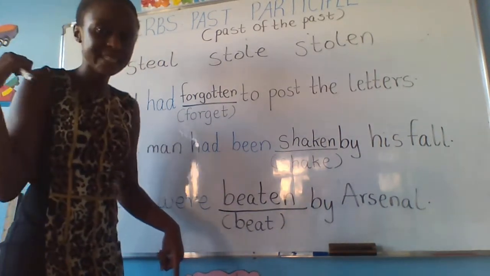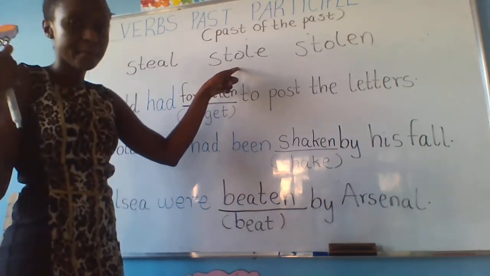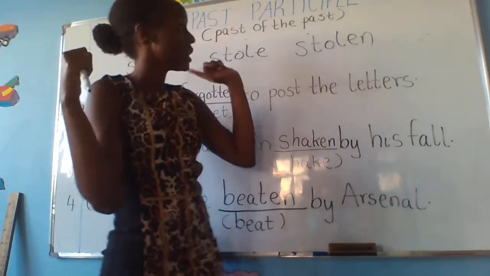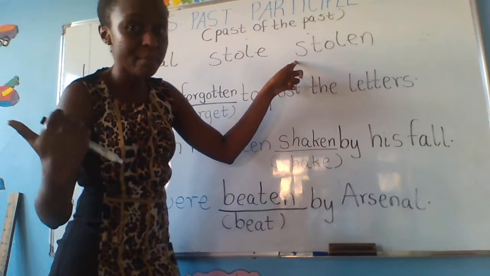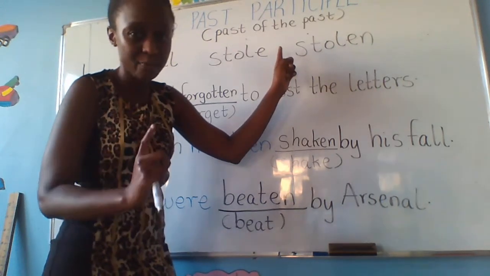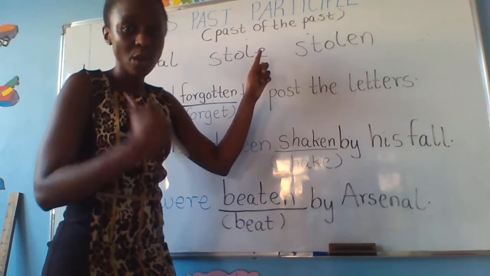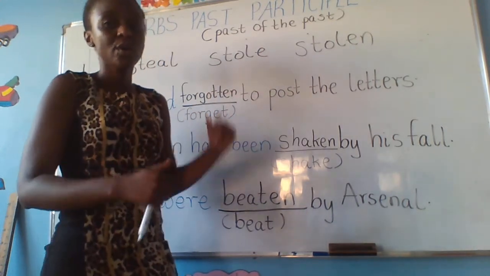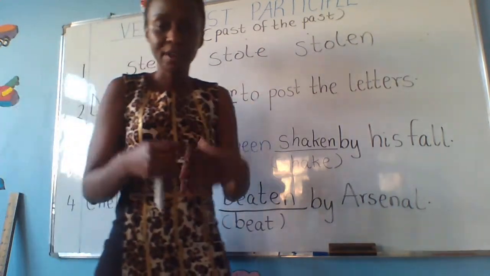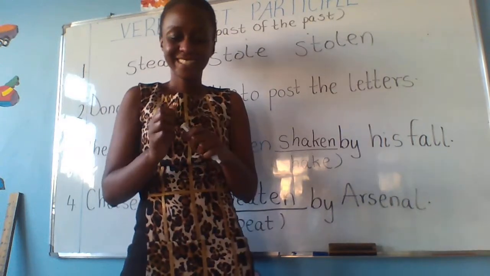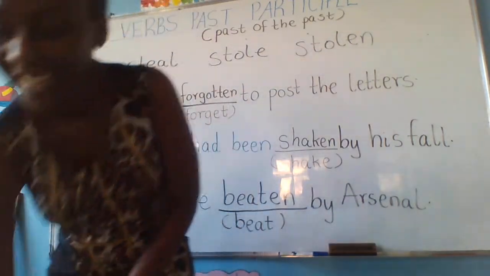Steal. Past tense, Jamia stole my book. Past participle: you can't say Jamia stolen my book because in past participle you must have a helping verb. So you have to say Jamia had stolen my book. We used had because it's a helping verb. So that was our answer.